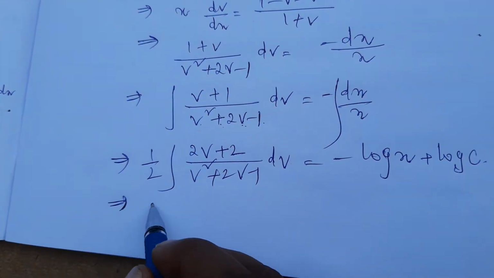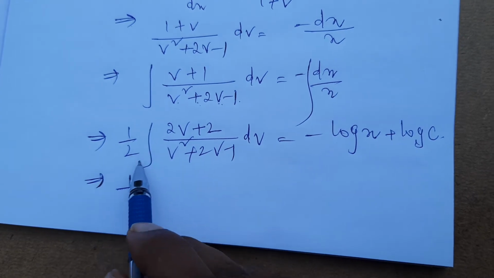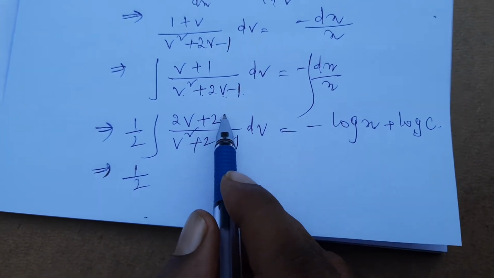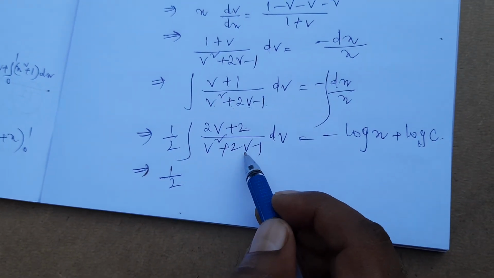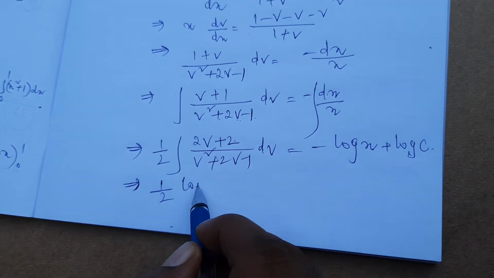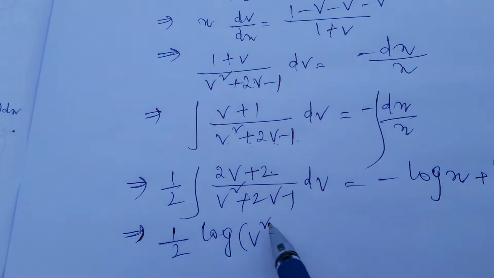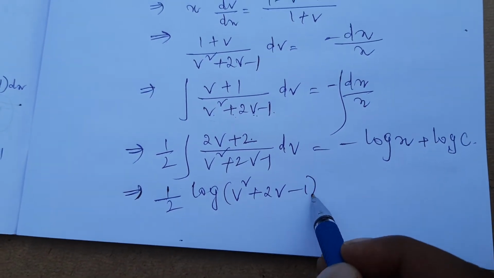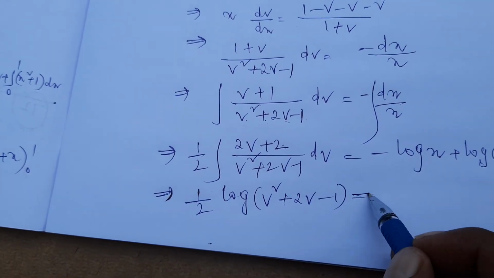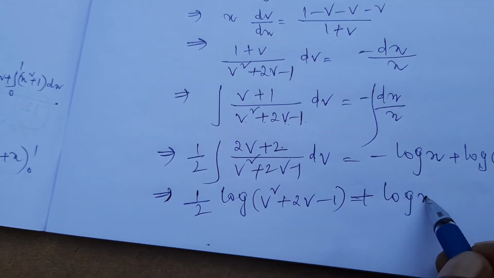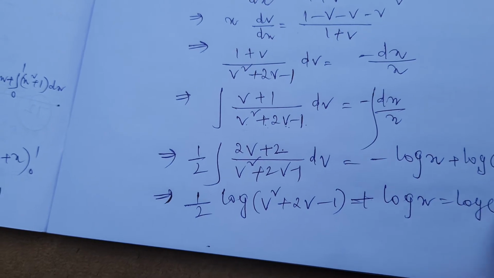Now this is in the form integral of f dash x by f x. What is the formula? Integral of f dash x by f x is logarithm of mod f x. So here I get 1 by 2 logarithm of v square plus 2v minus 1 equals minus log x plus log c. Bringing this side, plus log x equals logarithm of c.